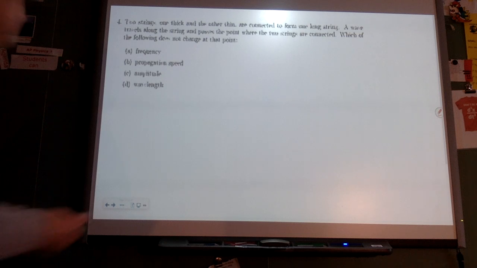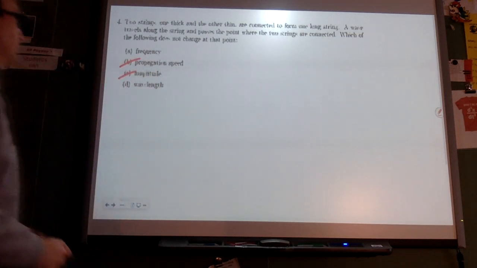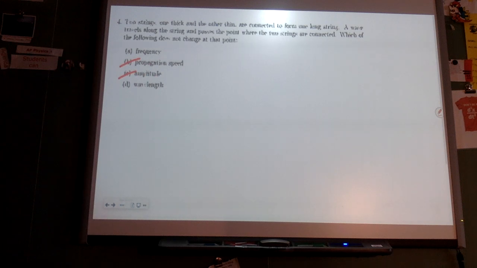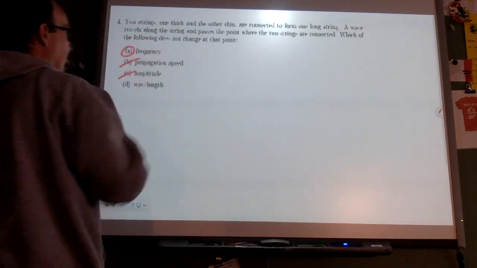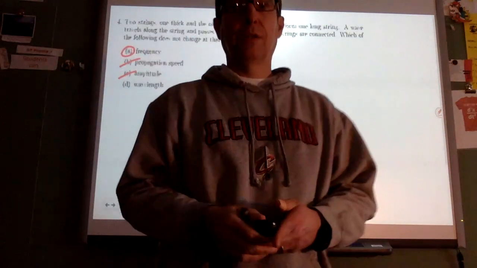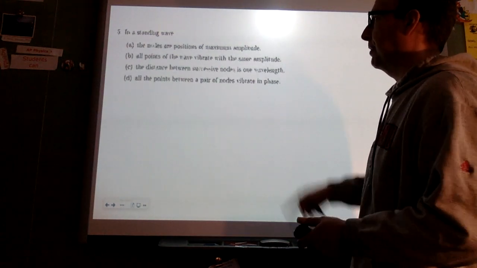The amplitude's going to change. So it is down to frequency and wavelength. And frequency would be the thing that stays constant, because that's from however you generate the frequency, right?